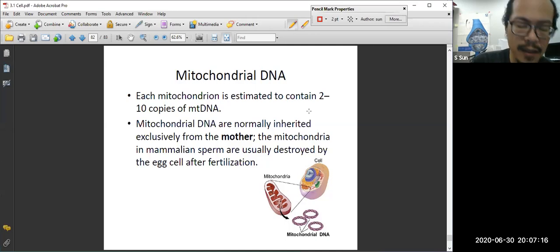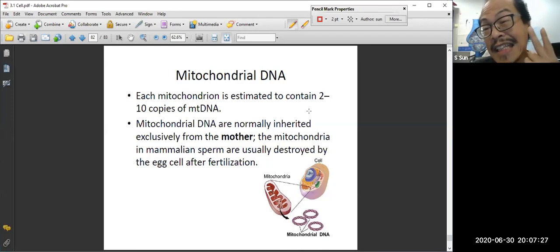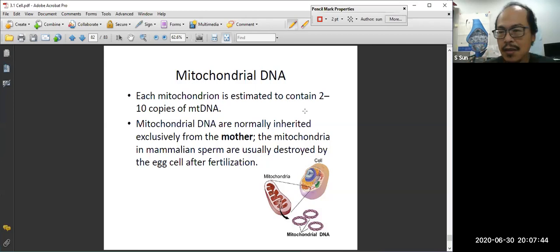One thing we need to know is that mitochondria contain DNA. Mitochondria have their own mitochondrial DNA. So in our cells, technically speaking, two organelles contain DNA. One is our nucleus, the other one is the mitochondria. Mitochondrial DNA comes from the mother only, because the mother's egg has everything there.